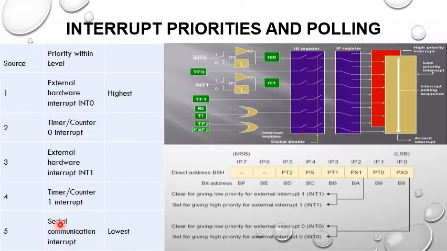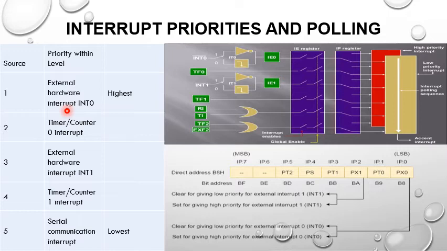The list also gives the priority of the interrupts. So whenever the external interrupt 0 and the timer 1 interrupt occur at the same time, the 8051 microcontroller executes the interrupt service routine corresponding to external interrupt 0 first, and after it returns to the main program.